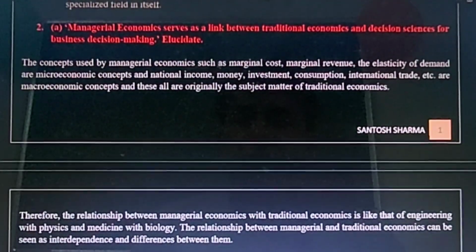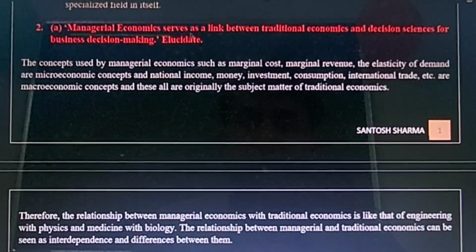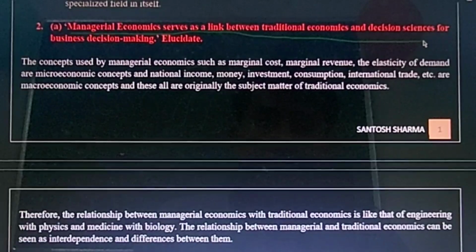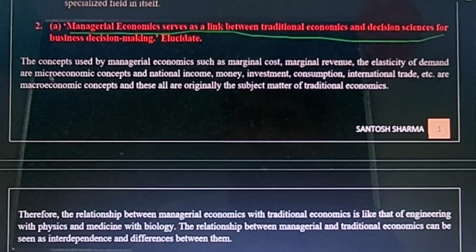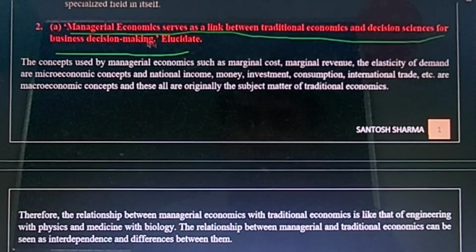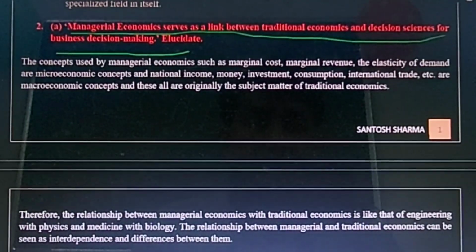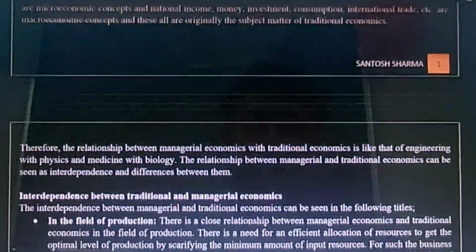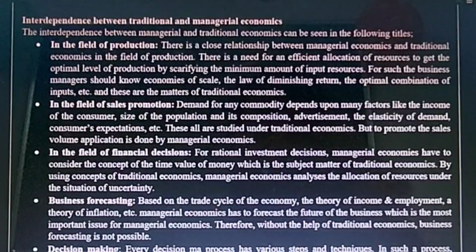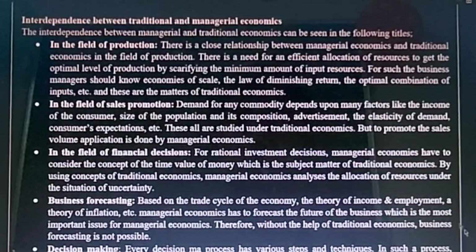The second question is managerial economics serves as a link between traditional economics and decision sciences for business. So let's try to find out how this managerial economics and traditional economics, which we used to study in class 11, 12 or college level, how these two types of economics are different.